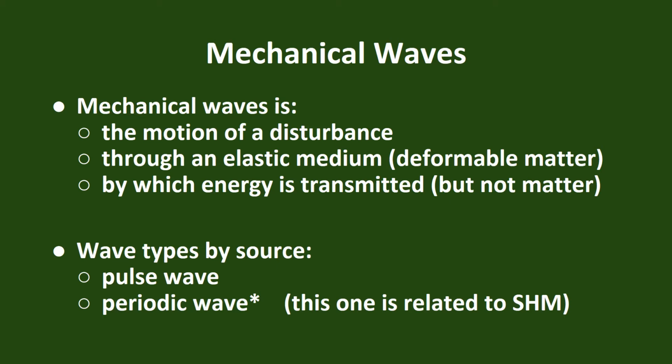When we talk about an elastic medium, we're talking about deformable matter, and even that term may seem a little bit new to you, and all it is is just matter in general, because all matter is deformable. All matter is elastic in some form or fashion.